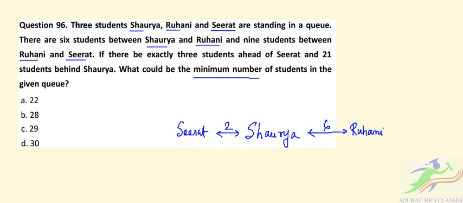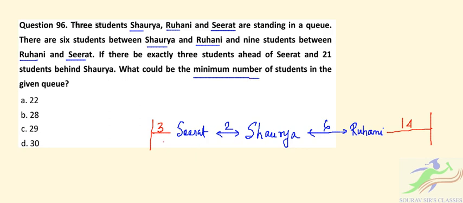Now it is given that there are exactly 3 students ahead of Sirat, and 21 students behind Shaurya. So Shaurya is there, then 6 plus 1, 7, and next we have 14 students. What could be the minimum number of students in the queue?